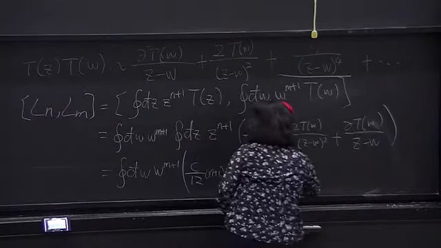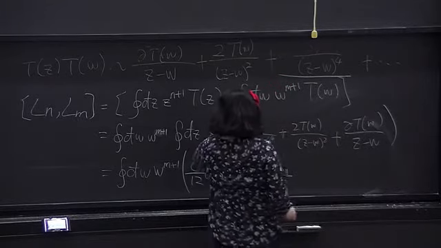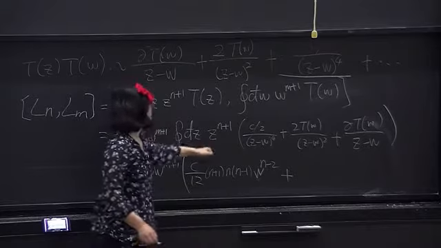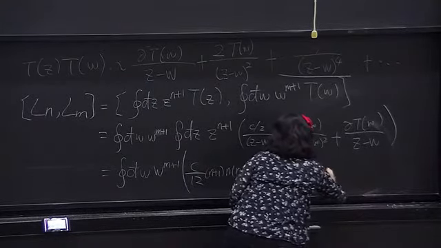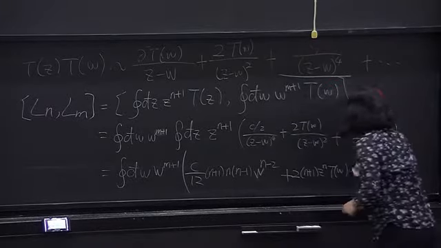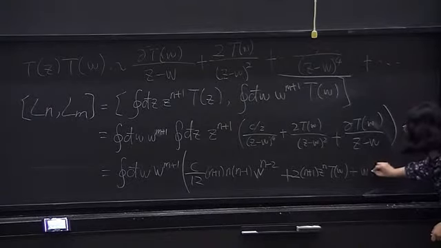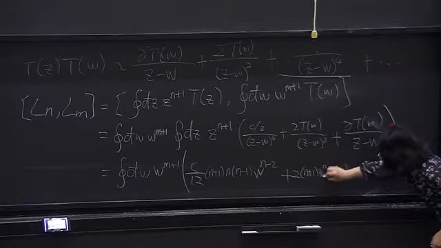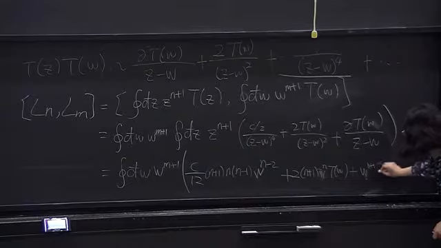And the next guy would be doing 1 derivative on this guy, so it's 2(n+1) z^n T(w). And the next one is the easiest, a simple pole, so it's w^(n+1) ∂T(w).